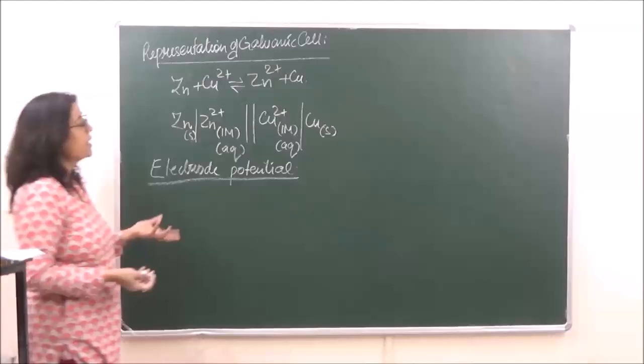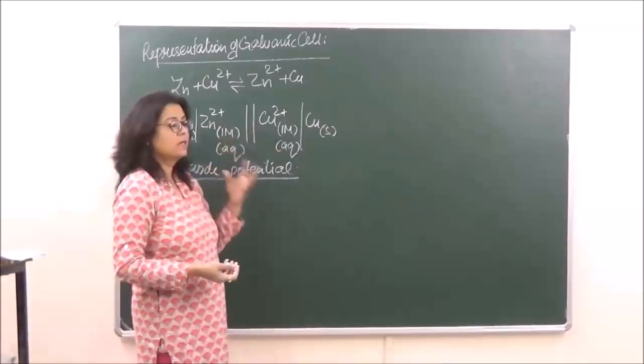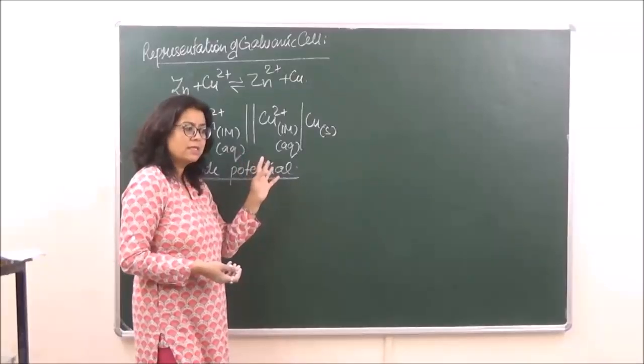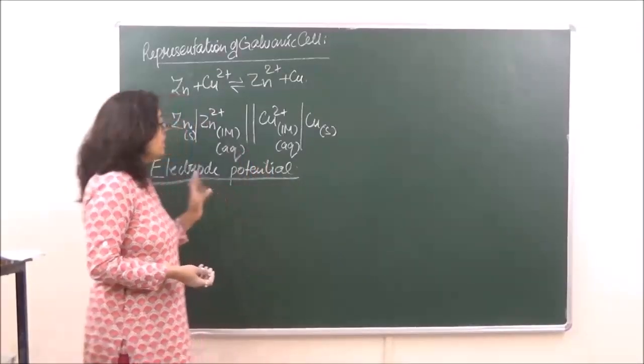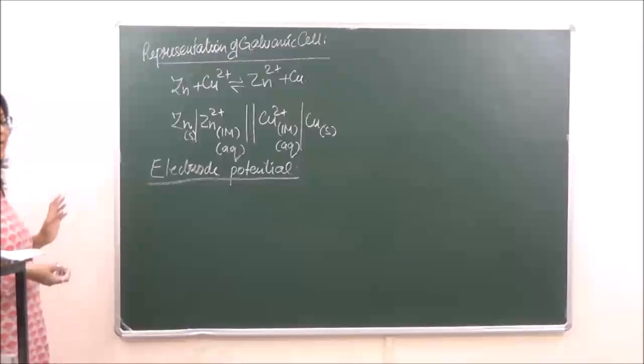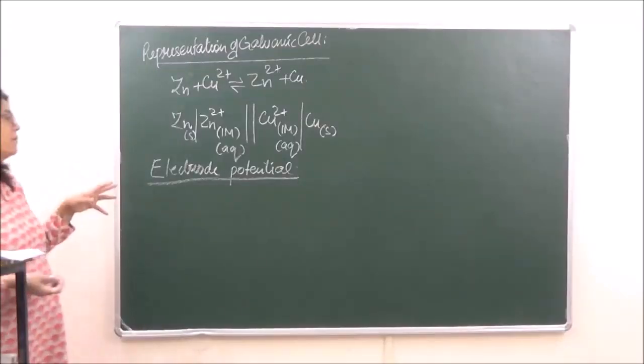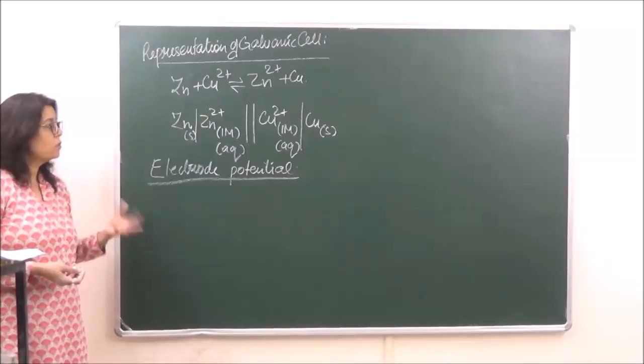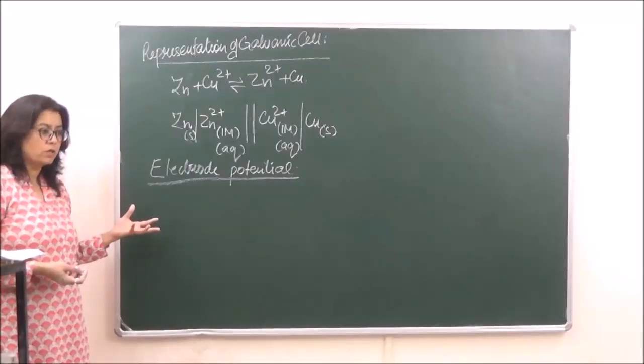Or vice versa can also happen, that the ions can gain electrons and enter into the solid state. So both possibilities can happen if we are placing any metal electrode into any electrolyte which is dissolved in water.